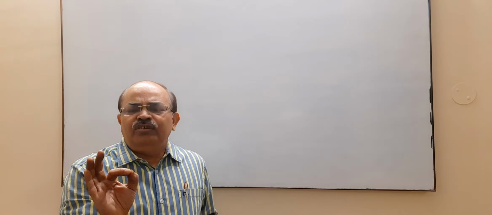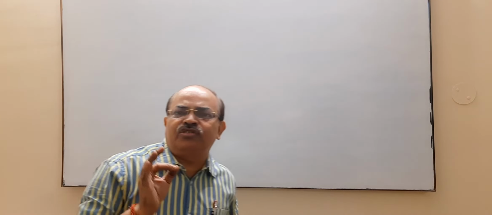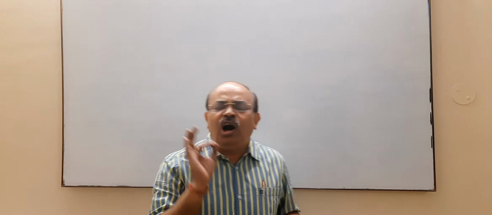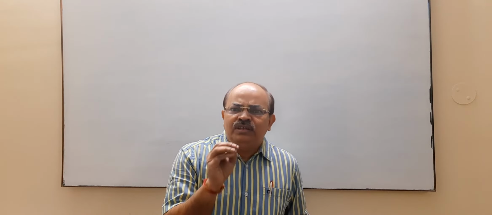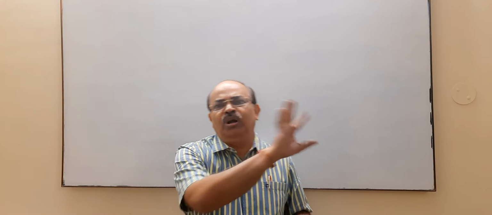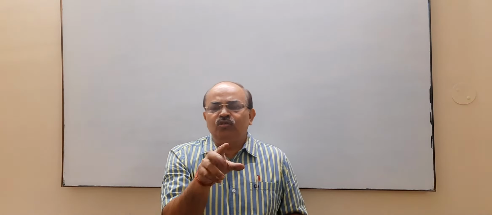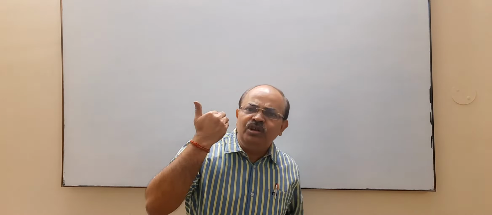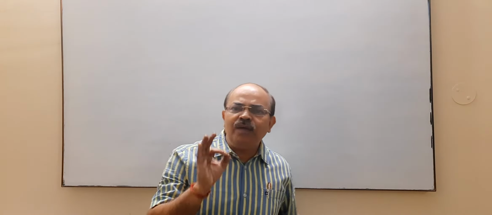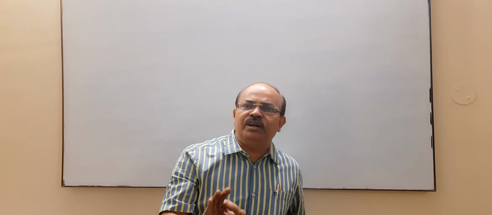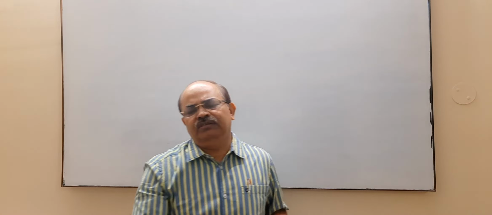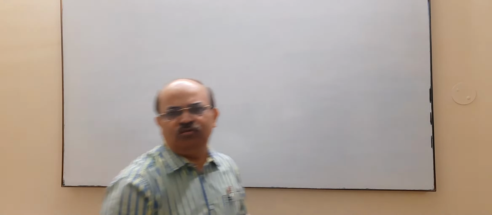But there is a shortcut method for how we can calculate the hybridization of an atom present in a molecule. If you are asked the hybridization of any atom in any molecule, how will you tell it by shortcut? So let us see the calculation.